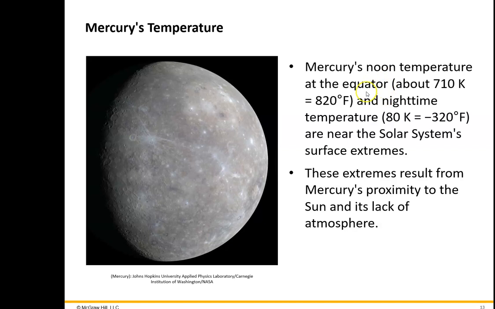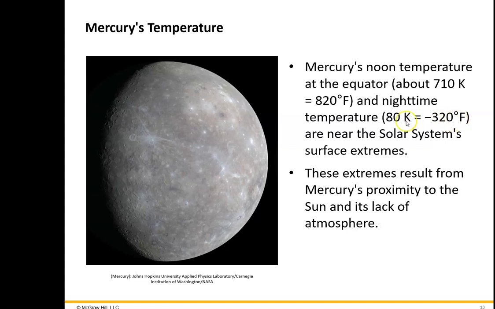We can talk about it in terms of Fahrenheit: 820 degrees Fahrenheit when the sun is facing that side, the daytime side, and then it drops to negative 320 degrees Fahrenheit on the nighttime side.